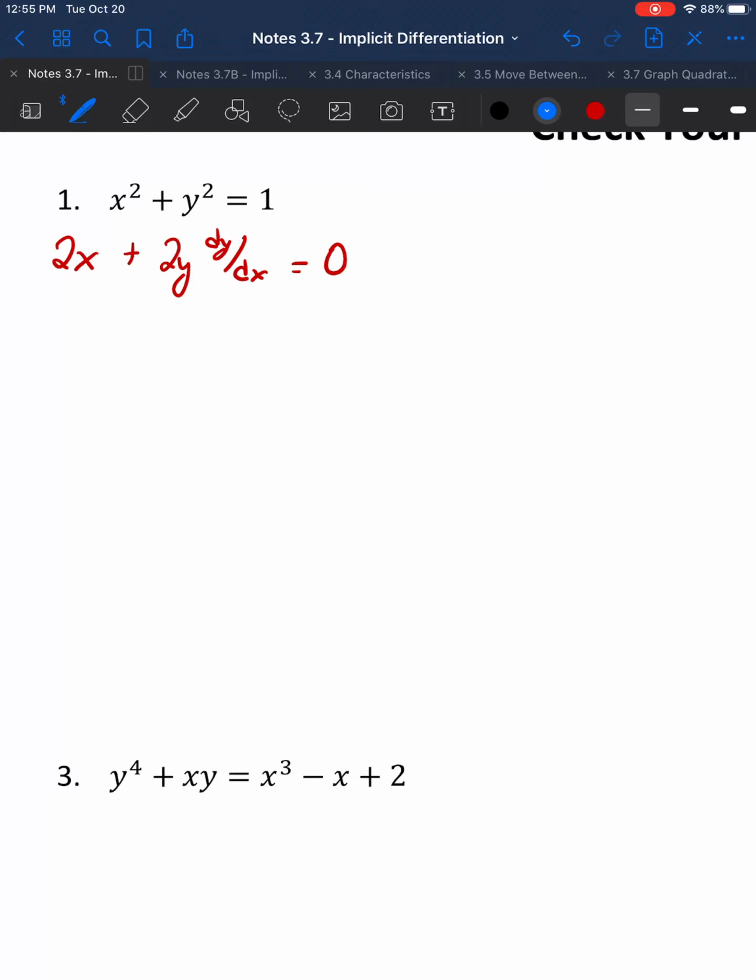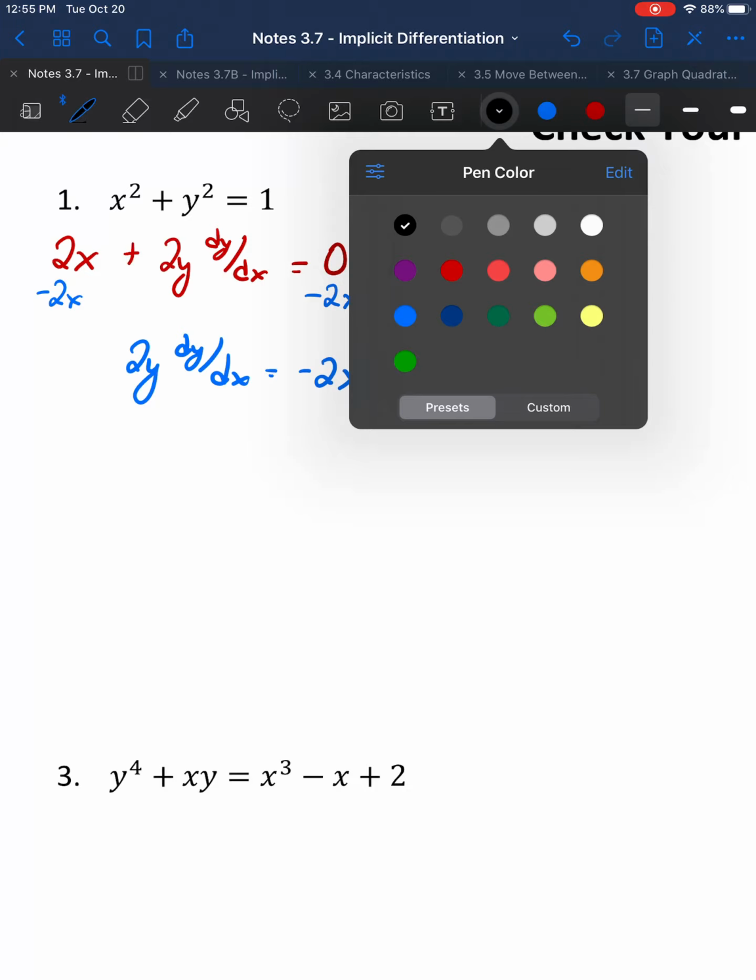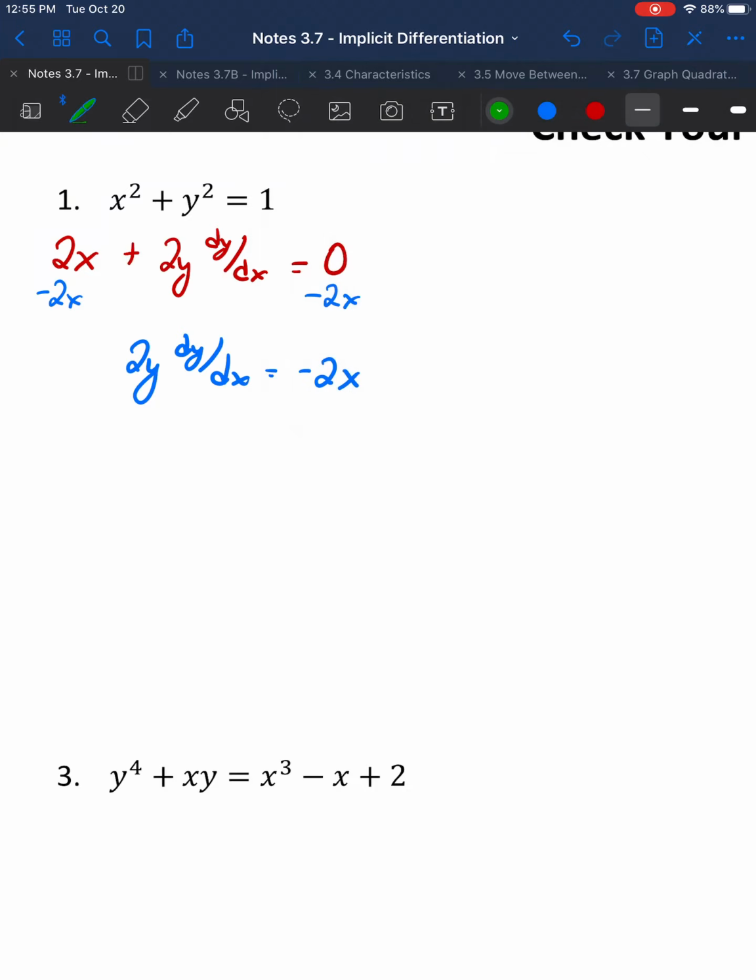All right, so we would have 2x plus 2y dy/dx equals, the derivative of 1 is 0. I have an equation, I know that because I see an equal sign. I have to solve for dy/dx. So I'm going to subtract the 2x over to the other side first.